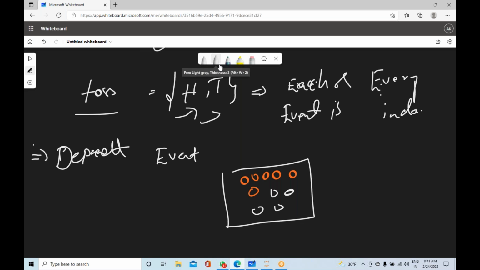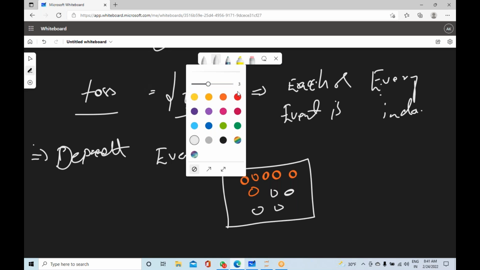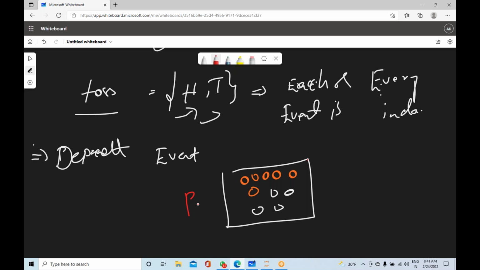So the bag contains some number of balls. Here the sample space is total 10 balls, right?